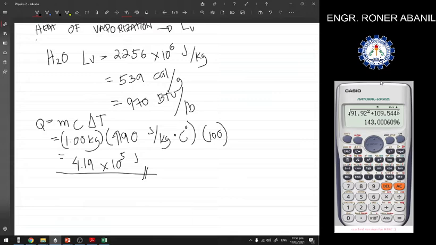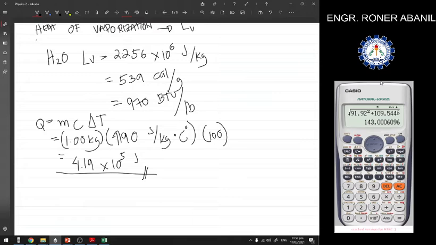So, pwede natin tong ikumpara sa Baguio. So, kapag nasa mataas tayong lugar, higher elevation like Baguio, mas madali lang makapakulo ng tubig. Okay? Kasi magkaiba yung pressure ng naka-sea level saka yung naka-elevate.